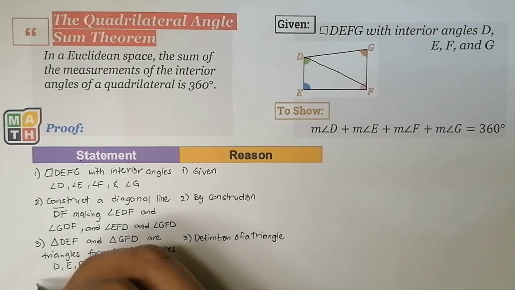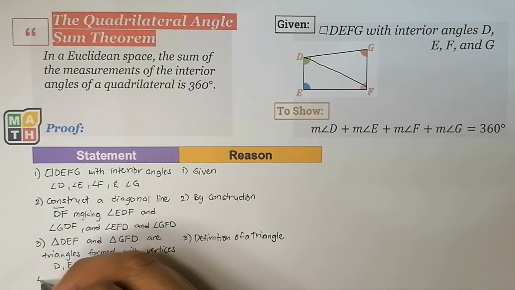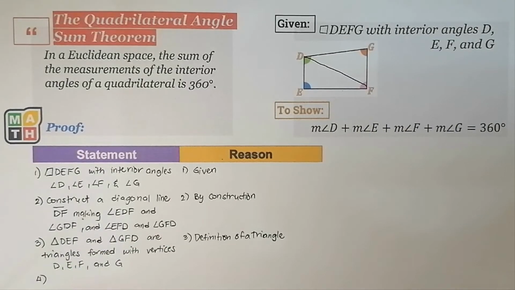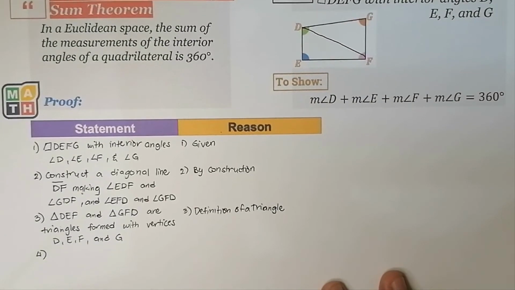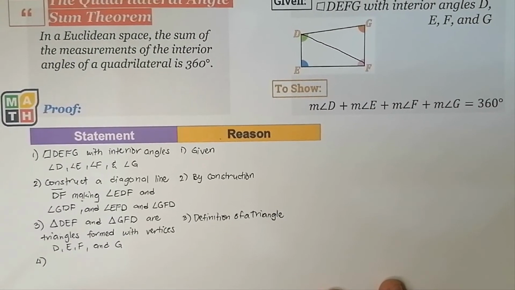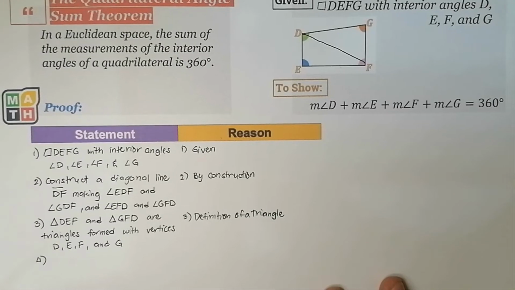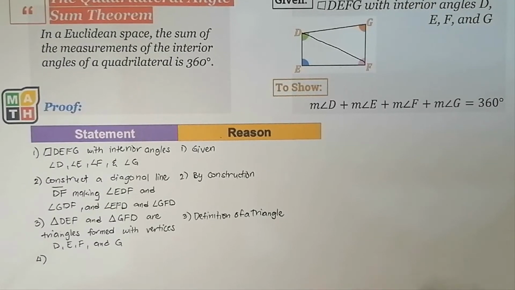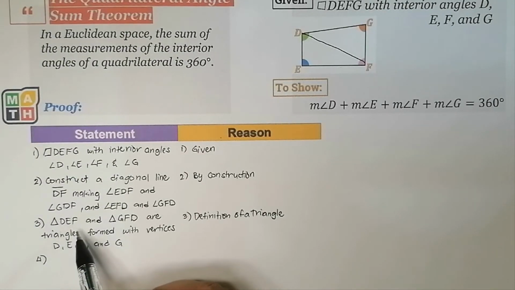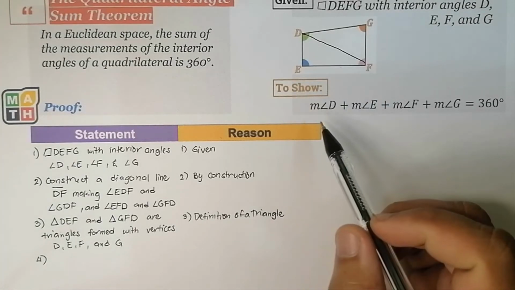Hence, for statement number 4, let me move this up a little bit here, in such a way that you can still see the figure at the top. Okay, for triangle DEF, we could claim that the sum of the measurements of the interior angles here is 180 degrees.